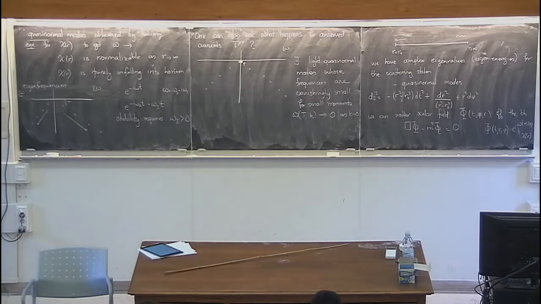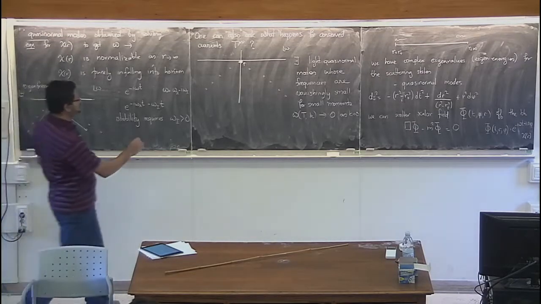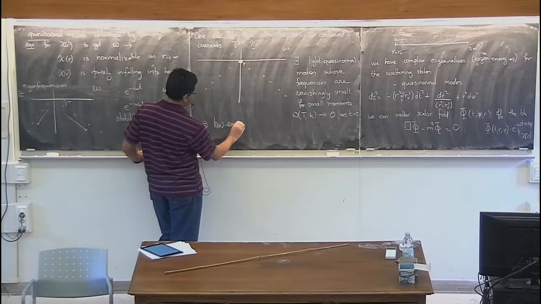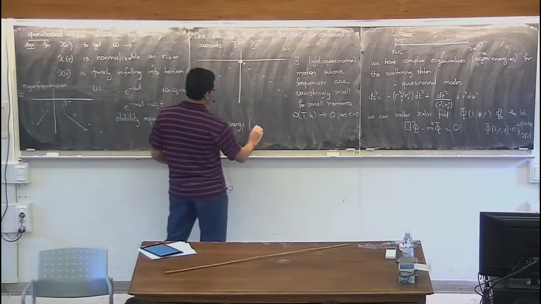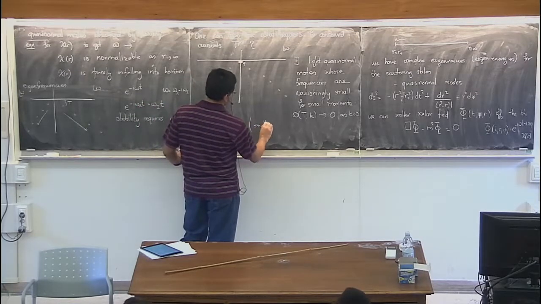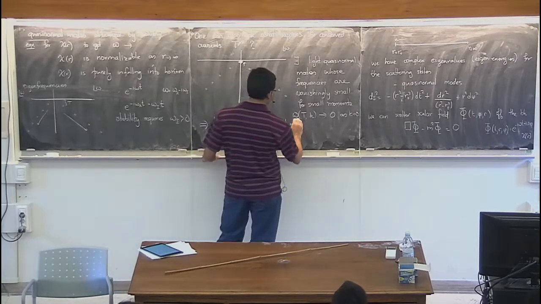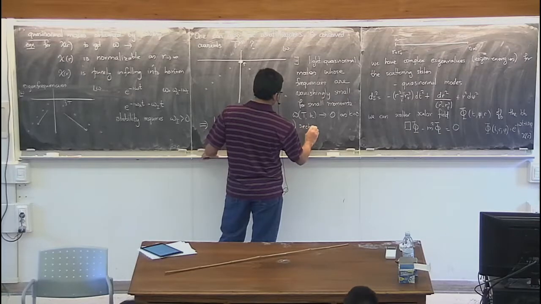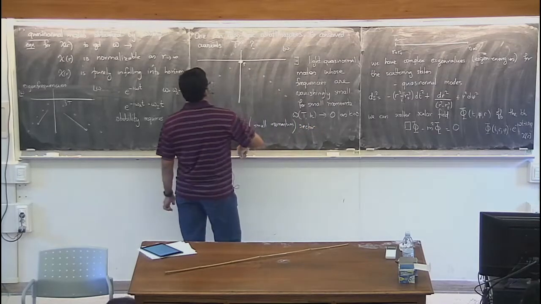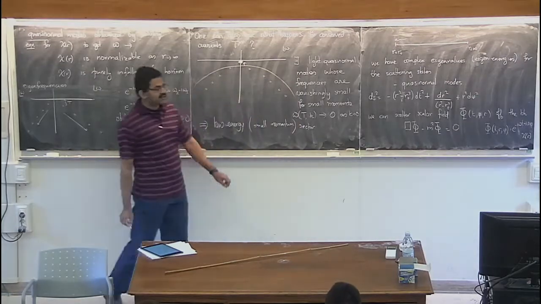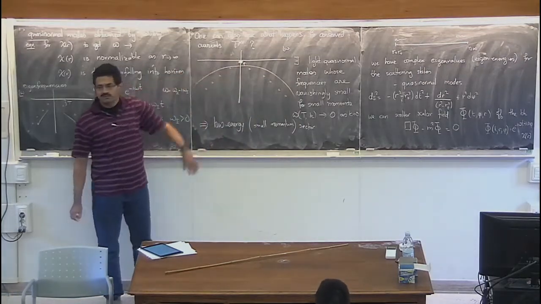What this means is that there's a low energy sector of the theory, which is the small momentum sector, which you can isolate by forgetting about all these other modes and just focusing on this one mode.